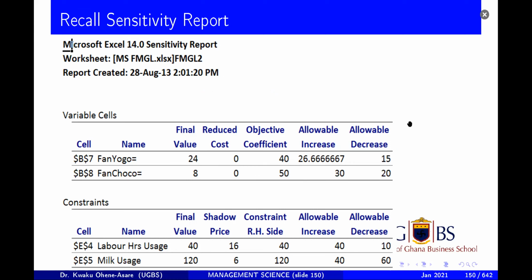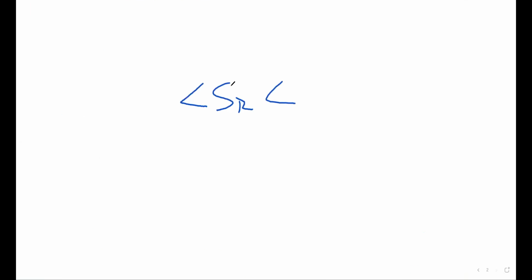The sensitivity range is telling us the upper limit and the lower limit of that particular coefficient. So I'll take an example. It's the sensitivity range for the objective coefficient. The sensitivity range is supposed to be the lower limit, we call it the lower bound, and then the upper limit, or the upper bound.